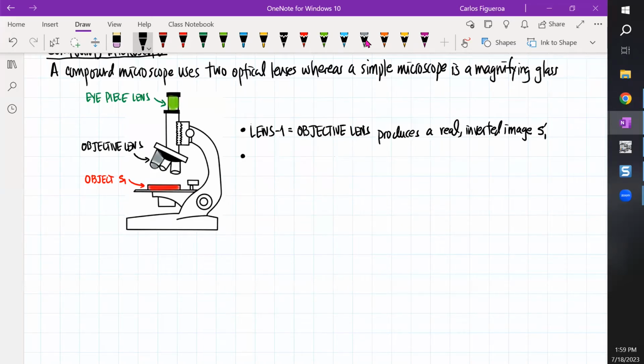Now, what happens next here is that lens 2, which is the eyepiece, views image S1 prime and magnifies it.